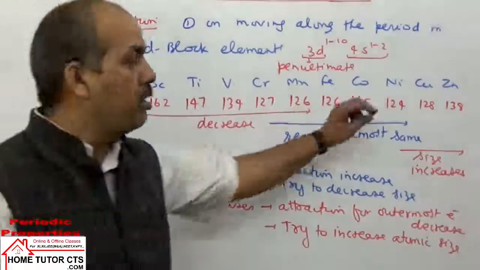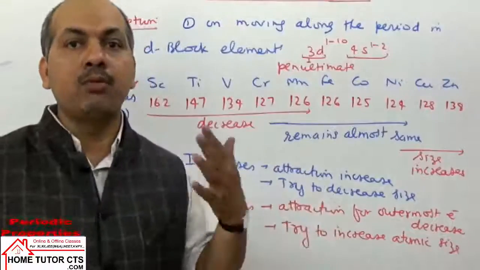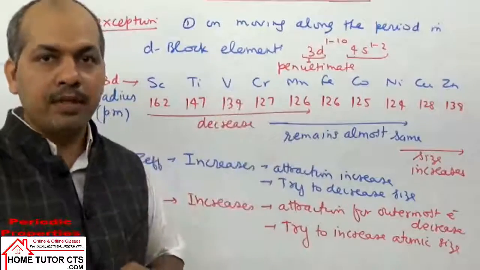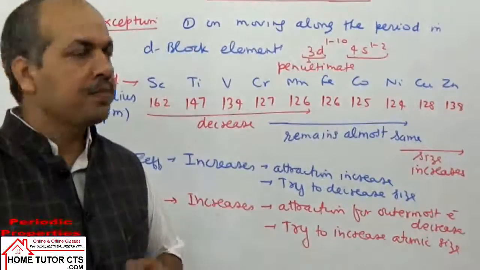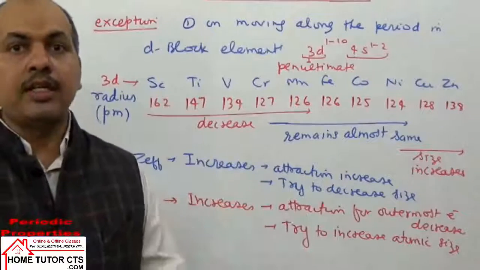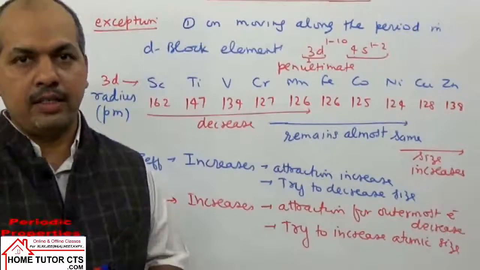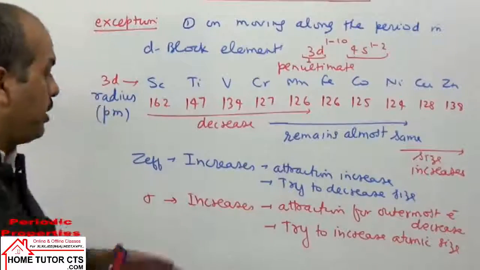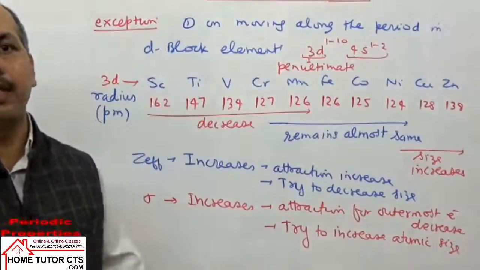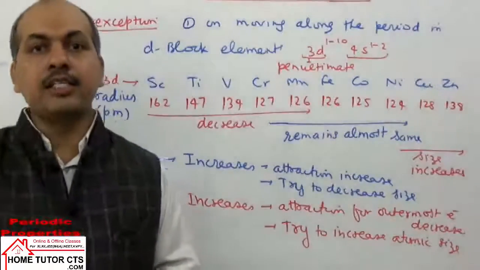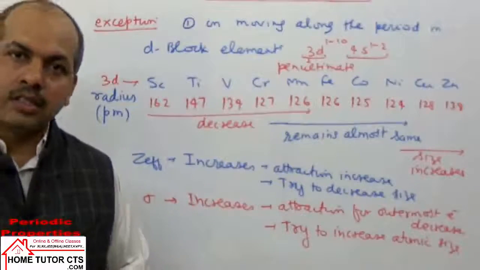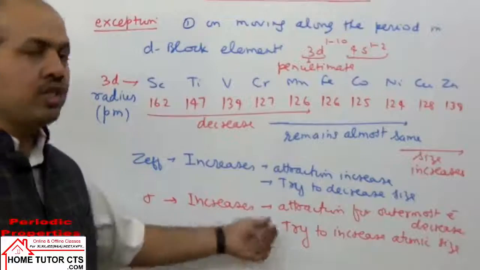And for last 2 3 elements, when d subshell is almost filled, then what happens, this factor will dominate. Subshell d fully filled means they have dominating shielding effect. When this will dominate, then size of element increases. So for last 2 3 elements, when the subshell d is containing fully filled orbitals, then the size of element increases because of dominating shielding effect.